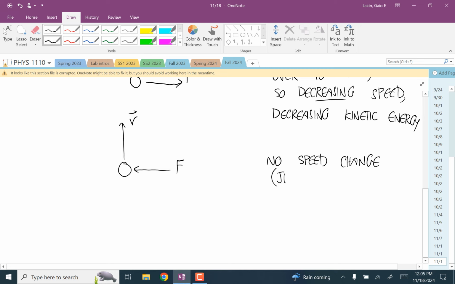All it's going to do is make this object turn. So this doesn't change the kinetic energy.